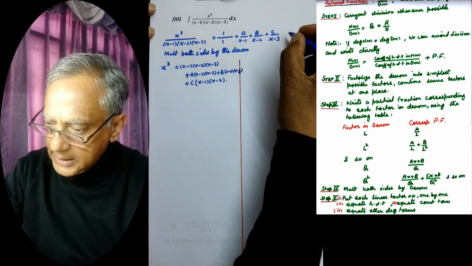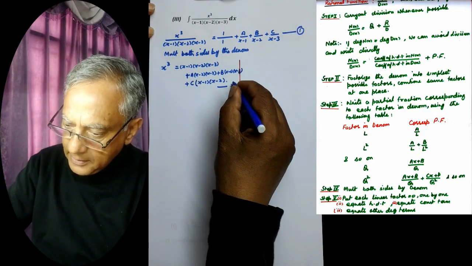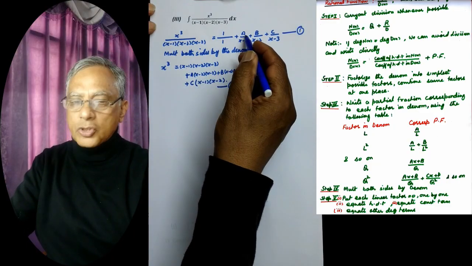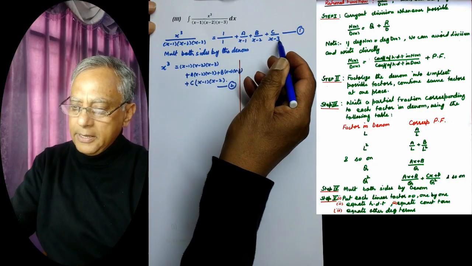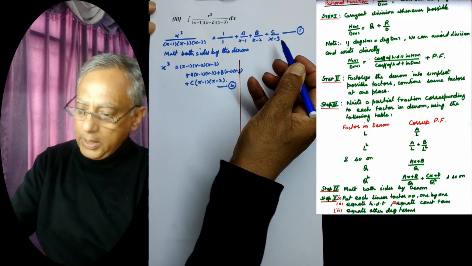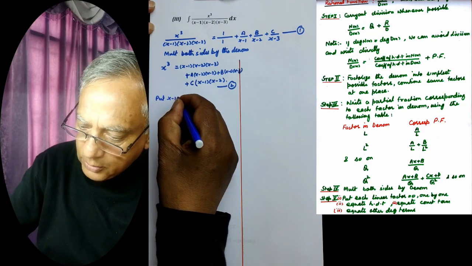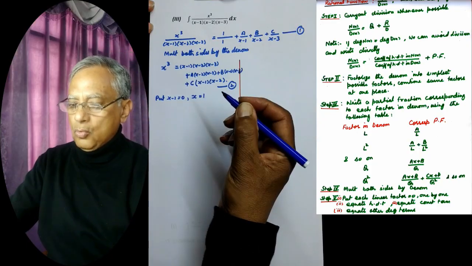So we get this identity. This is 2. Now to find these constants, we will put each linear factor equal to 0, one by one. So first we put x minus 1 equal to 0, that is x equal to 1.